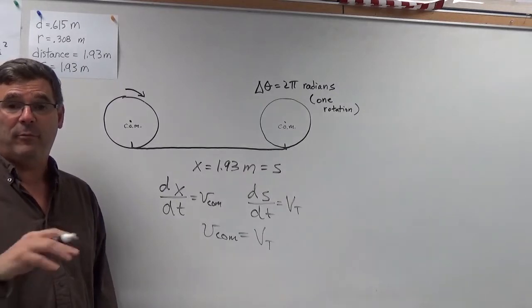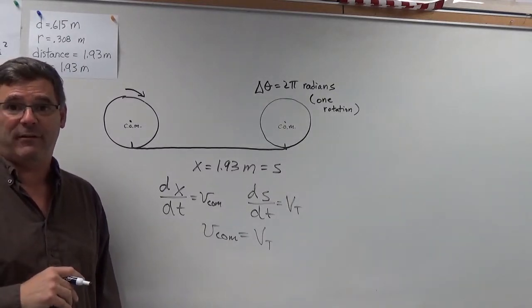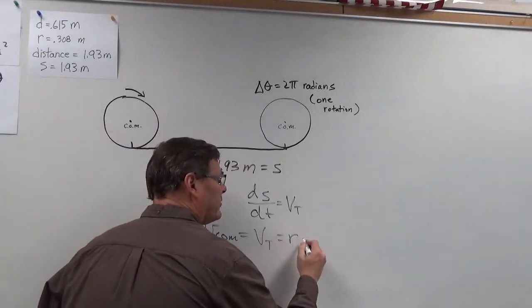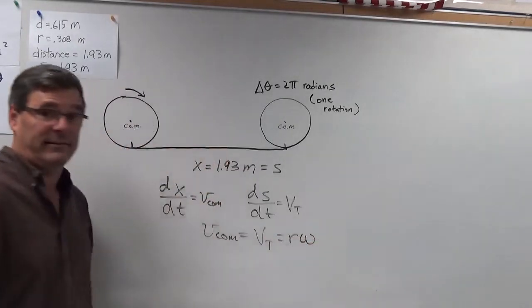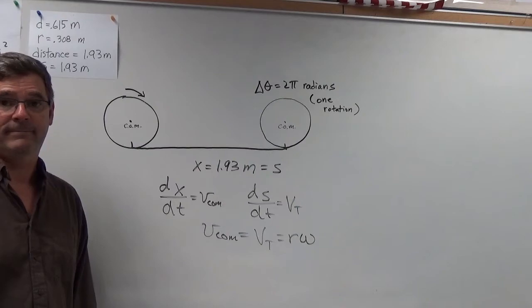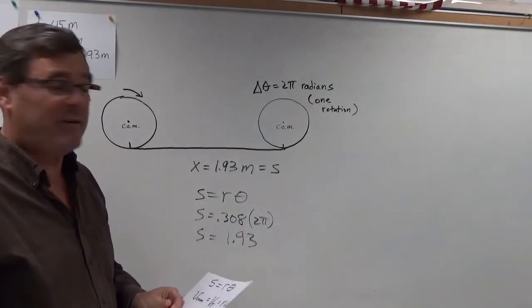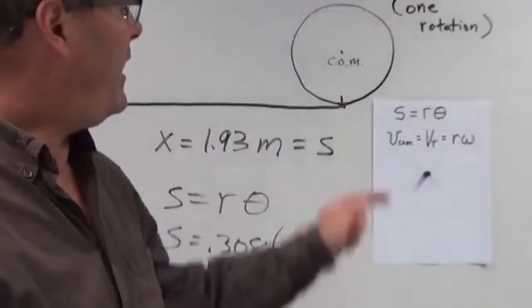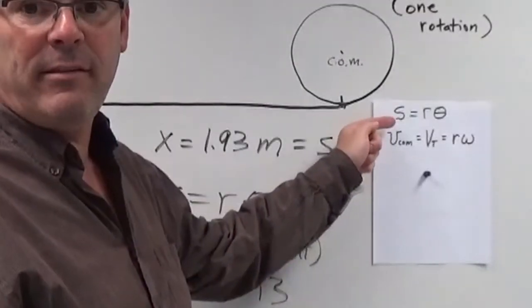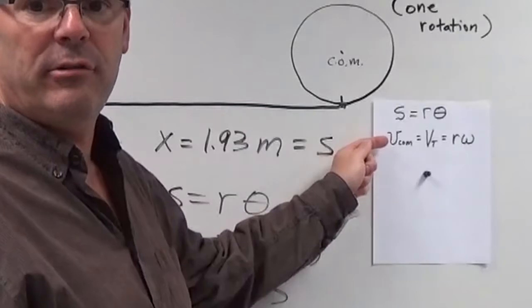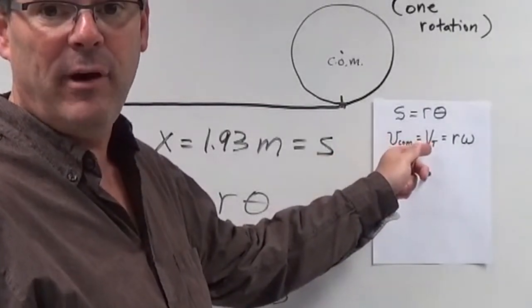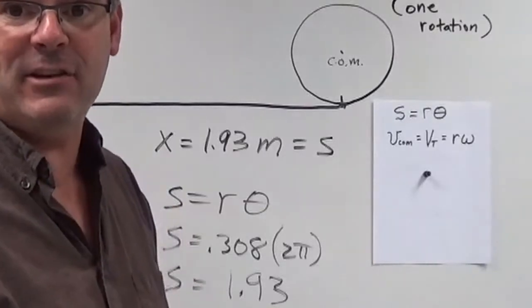And we also know from relating the linear variables to the angular variables that the tangential velocity is equal to radius times angular velocity. So here's what we've got so far. We know that S is equal to r theta, and we just showed that the velocity of the center of mass is the same value as the tangential velocity at the edge of the wheel.